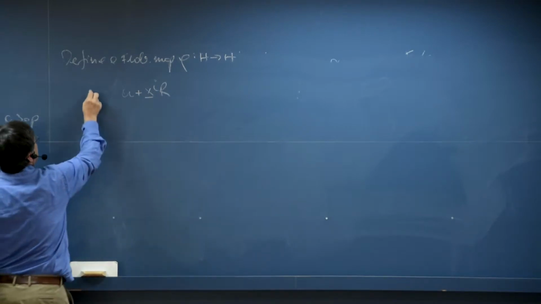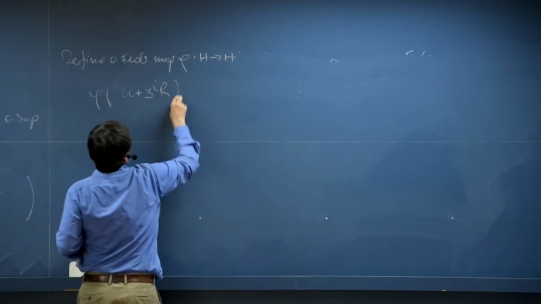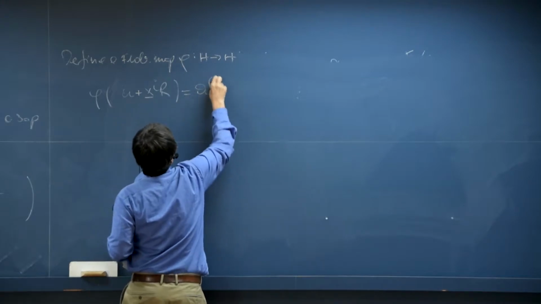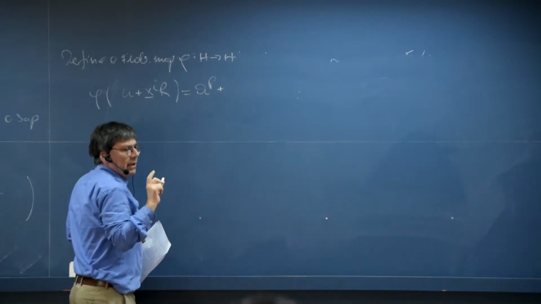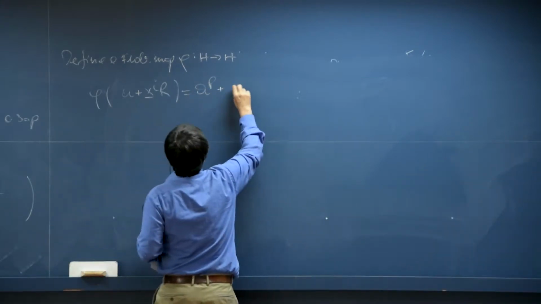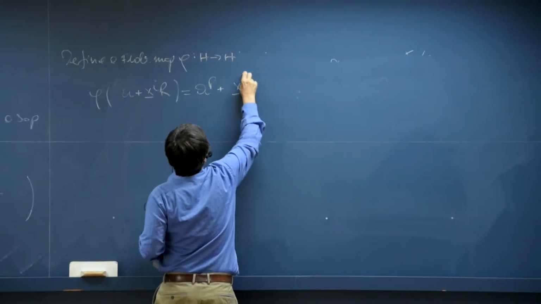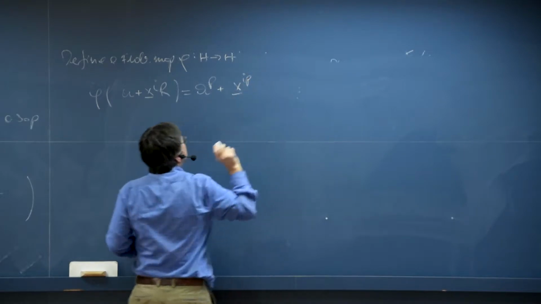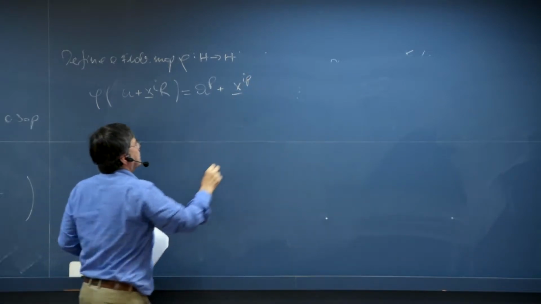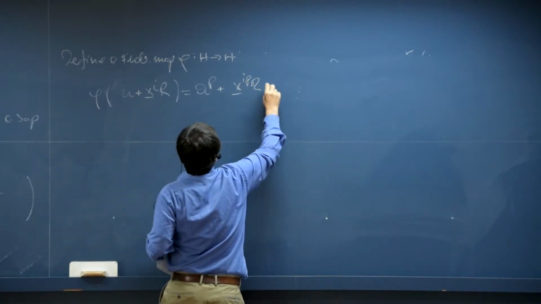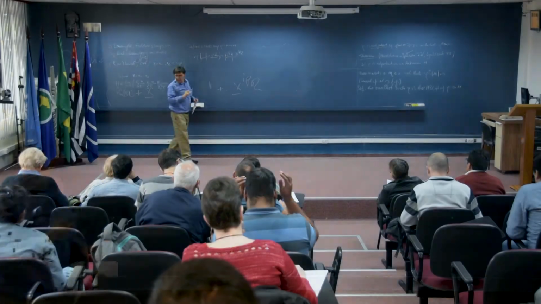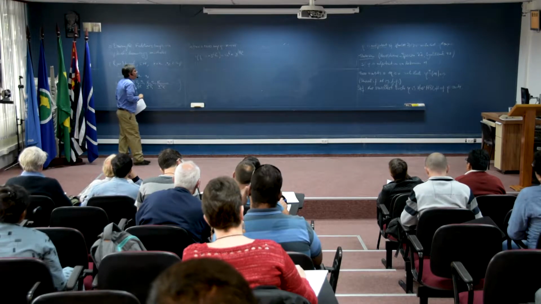And I have to tell you what phi of this is. It's going to be a to the p, the coset of a to the p in the ring modulo the ideal generated by the (i times p)th powers of the x's. And you can verify that this is indeed a Frobenius map.